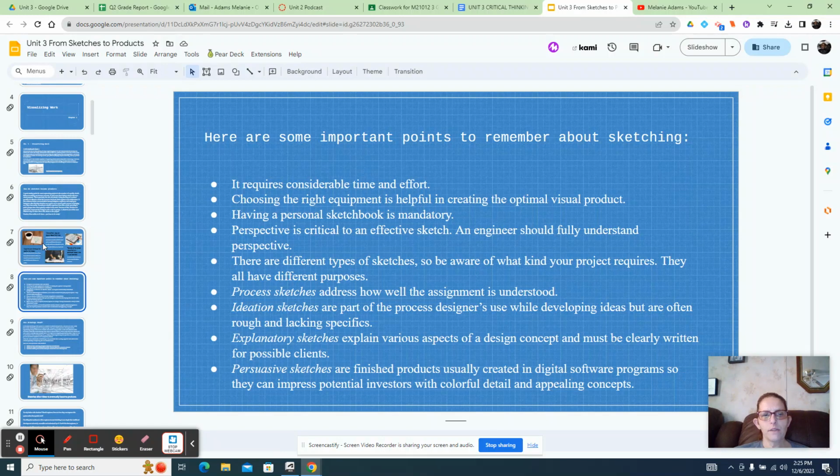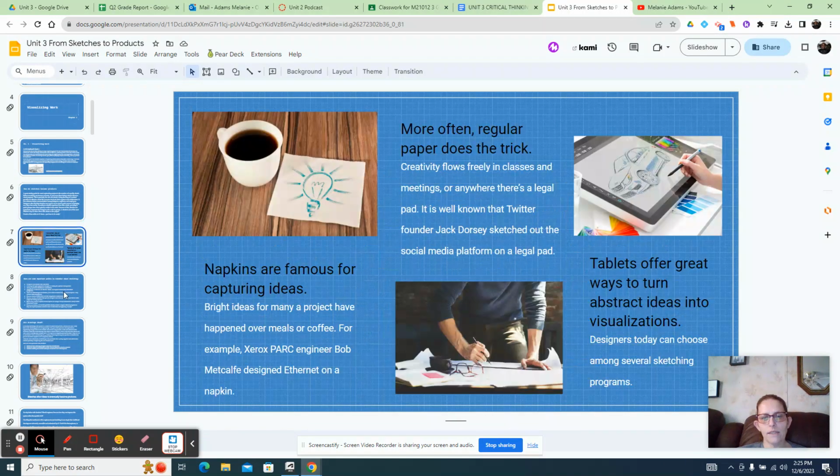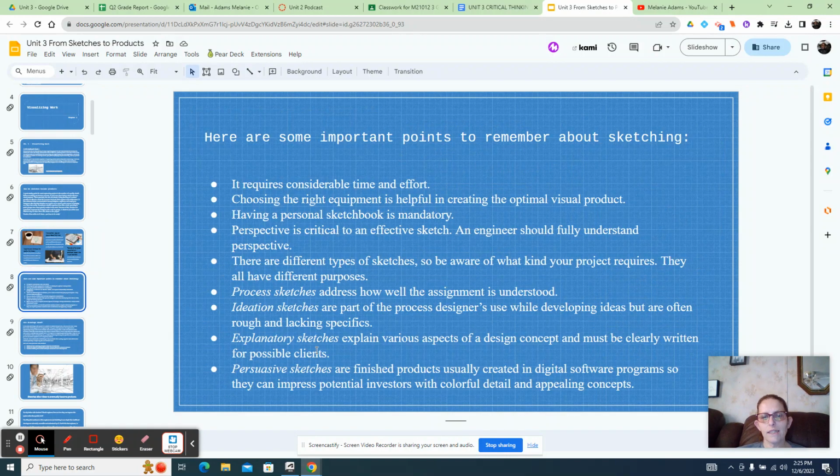So when are you going to use an explanatory sketch? When you are explaining to a client what it is that you would like to build for them or what it is you would like to create for them. Okay, so you are explaining the aspects of your design concept.